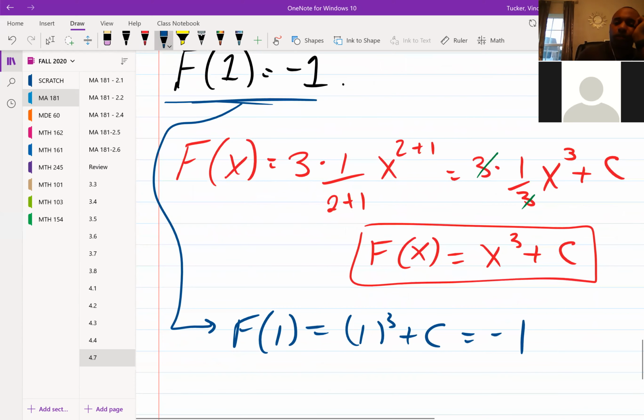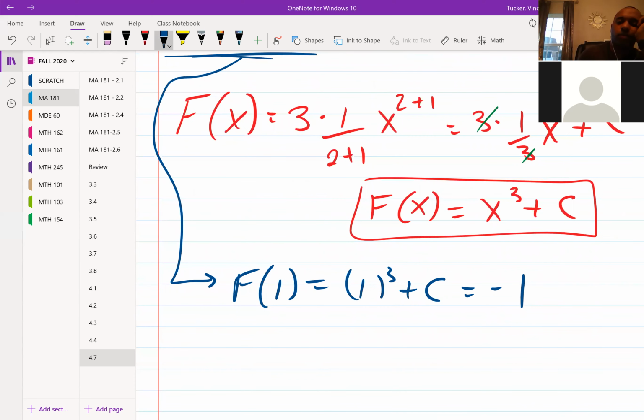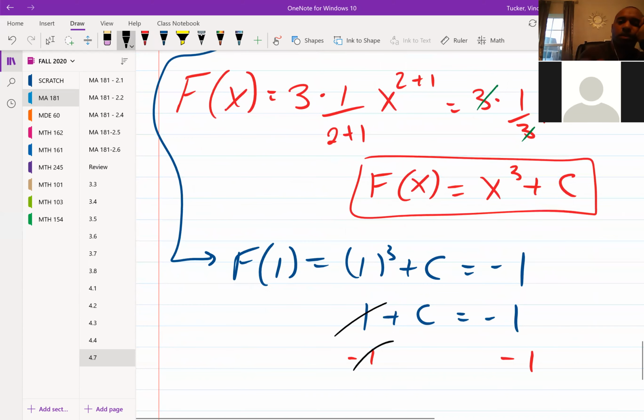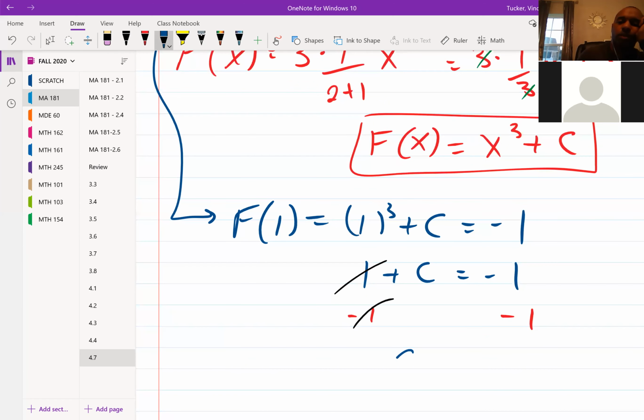So I need to solve this for c. 1 cubed is +1. Then go ahead and subtract 1 from both sides. And that leaves you with c equal to -2.